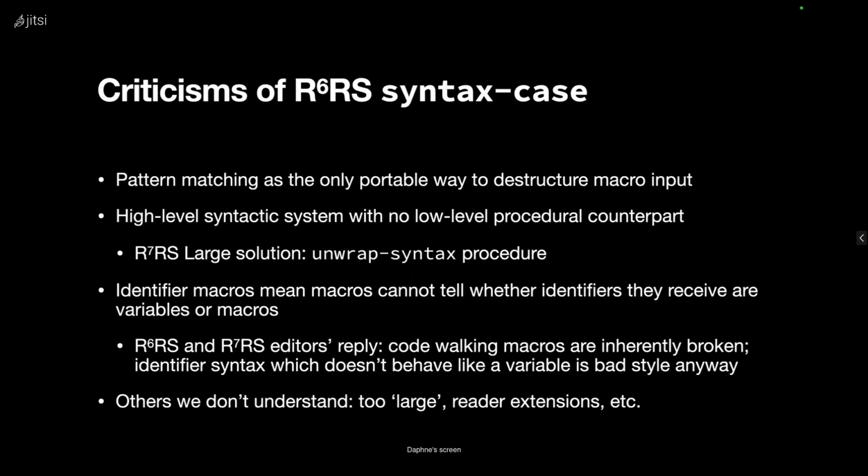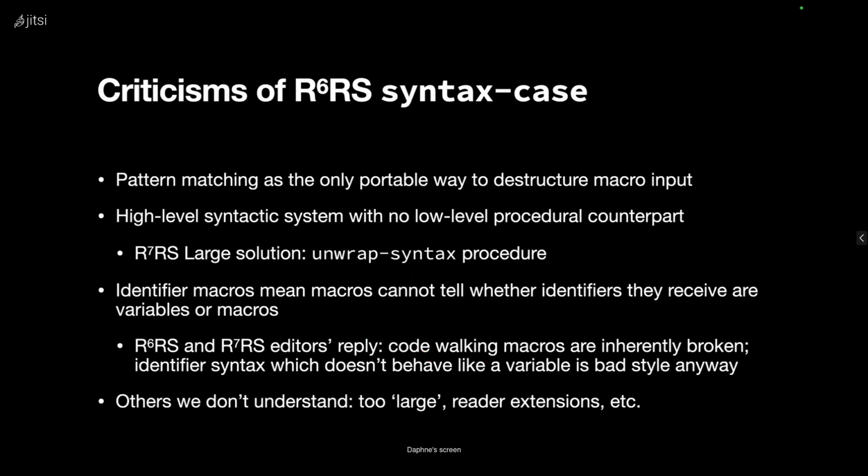Another complaint Schemers make is that identifier macros can't tell if they get an identifier as an argument. They can't tell, is that going to be a variable or is it going to be a full macro? To this, we say we can't really do an awful lot about this. We think it's more valuable to have identifier macros than to have code walking macros. Code walking macros do not compose very well with one another. And an identifier macro which doesn't behave like a variable is probably just bad style anyway.